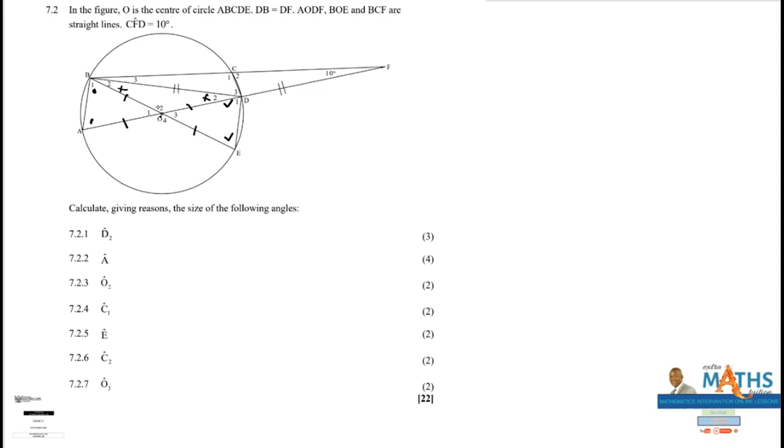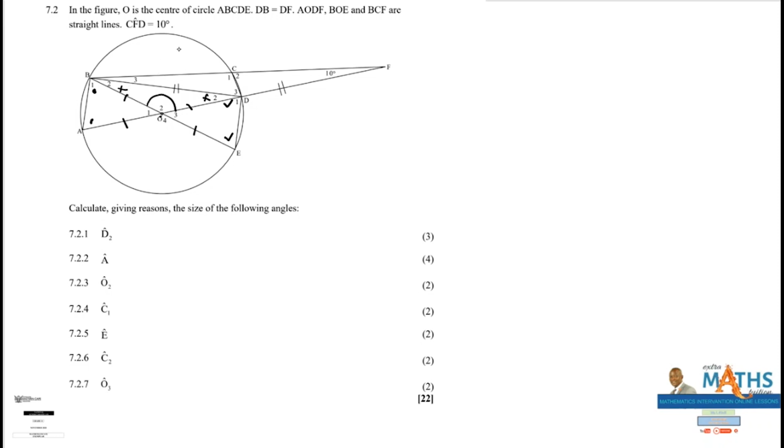Another thing about the center is the angle at the center. O2 will be twice angle A, do you agree with me? It will also be twice angle A, which means we still have the same segment, which is BD.